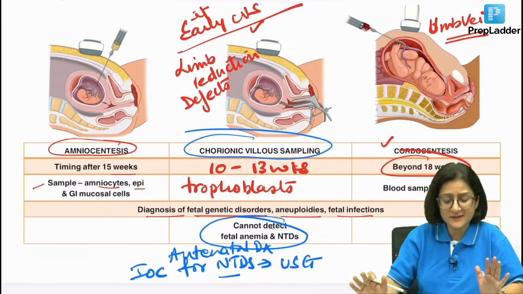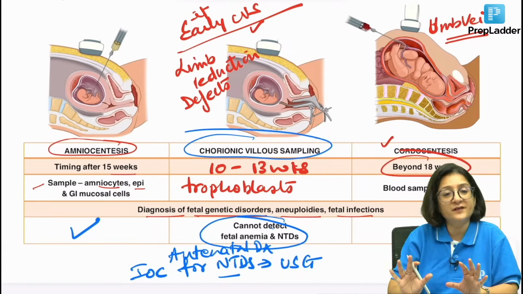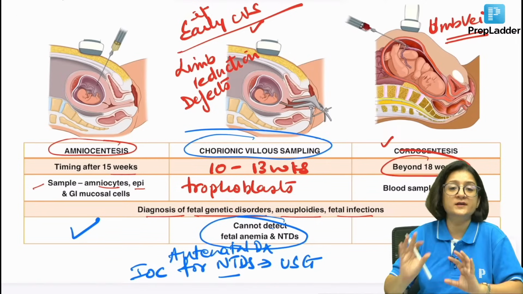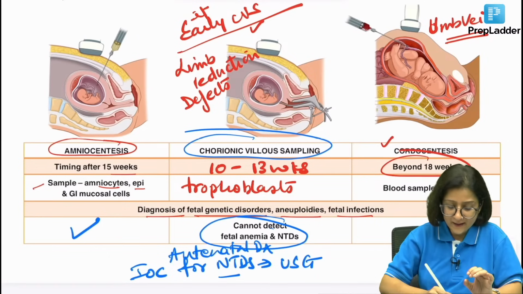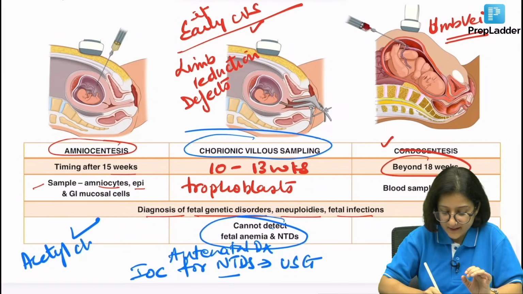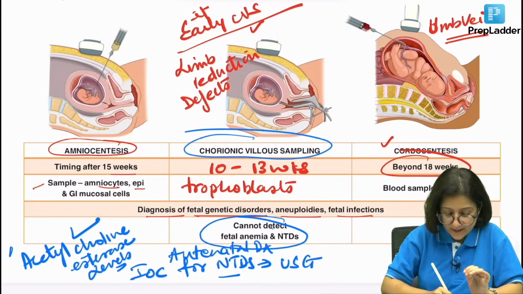Please remember this. With amniocentesis, it is possible to detect fetal anemia. It is possible to detect neural tube defects also, like acetylcholinesterase levels in the amniotic fluid. These are raised in neural tube defects.